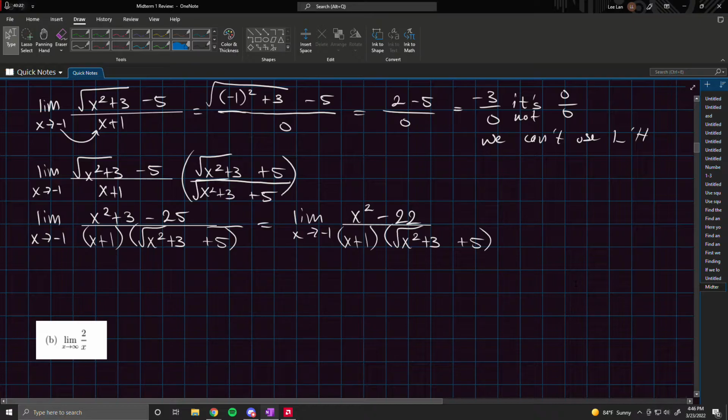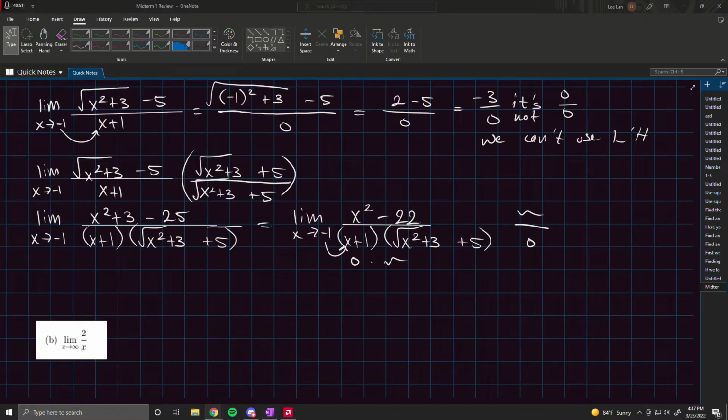Well, let's see. You could try foiling this out, but I don't think that would solve the problem. So the problem is, if I still plug in -1, I still get 0, and then 0 times something, right? And then I still get something on top divided by 0, which doesn't solve our problem.